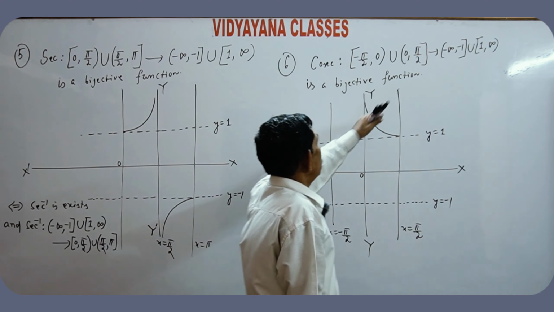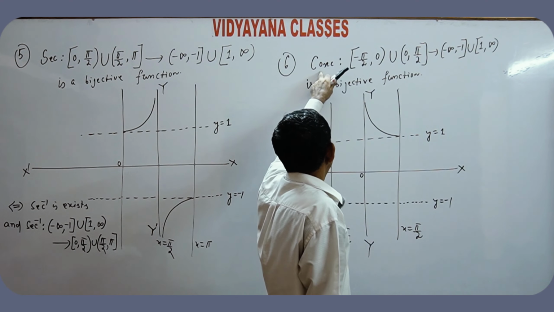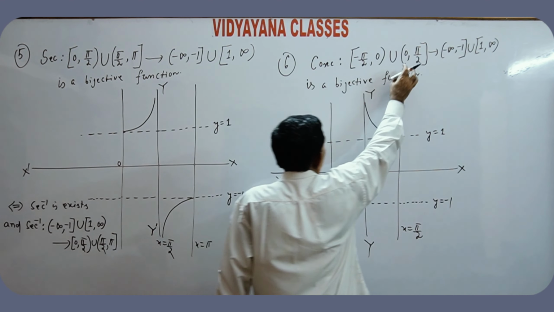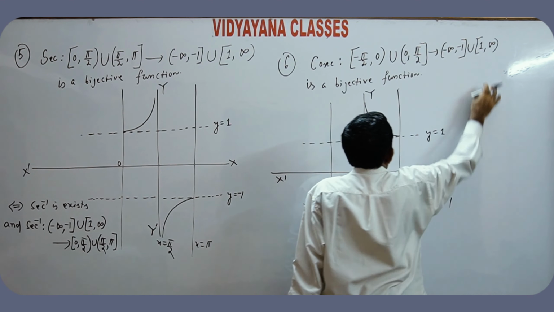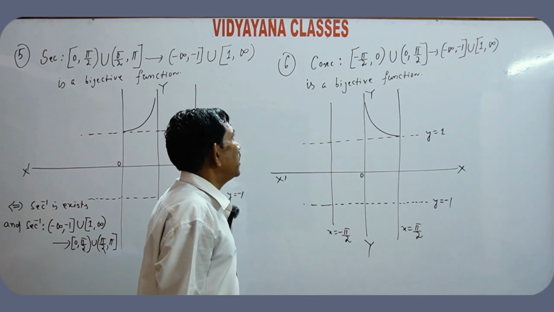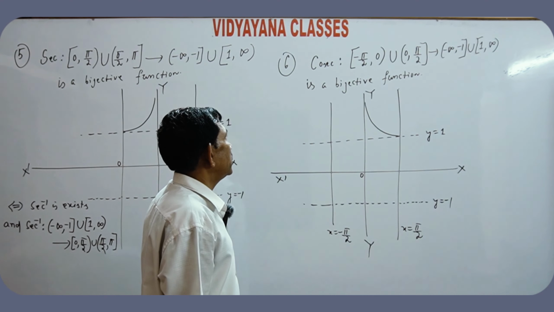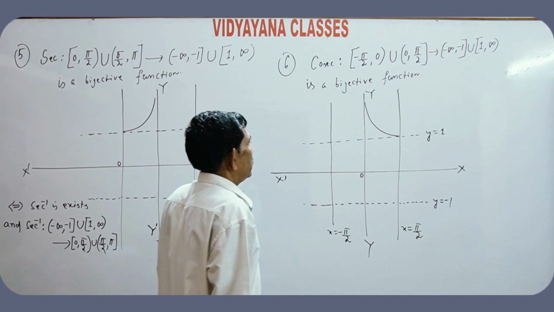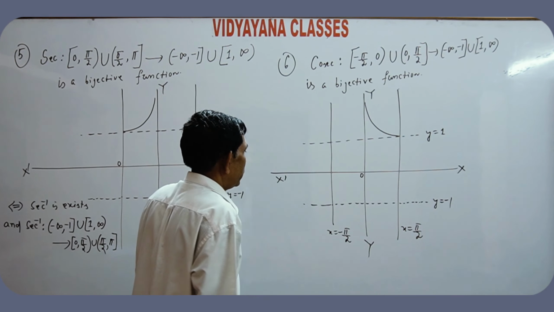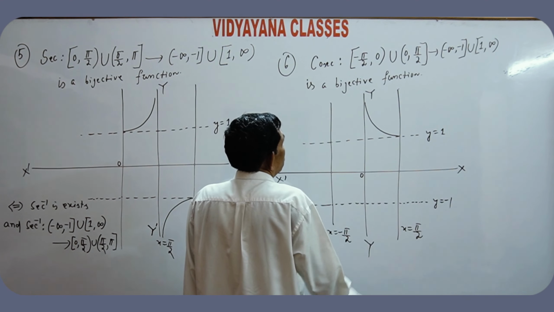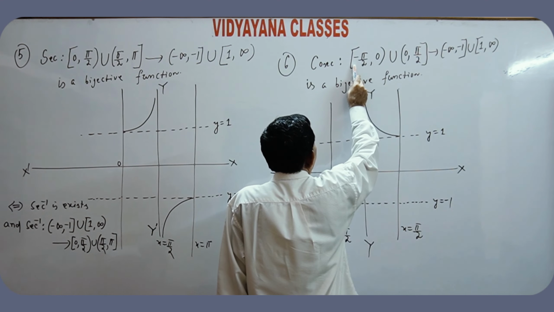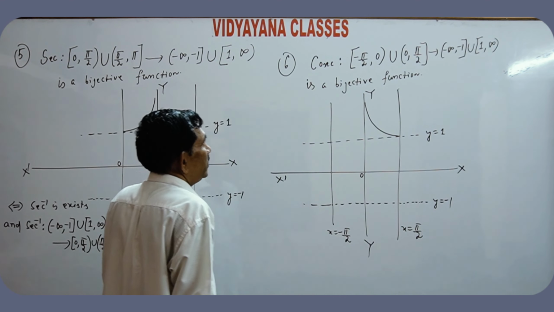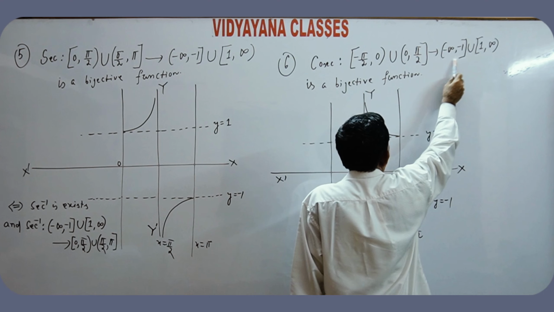When x is equal to pi by 2, the value is 1. When x varies in this interval, y varies in this interval. At x equal to 0, cosec 0 is infinity, that means it approaches infinity. Next, when x varies in this interval, y varies in this interval.